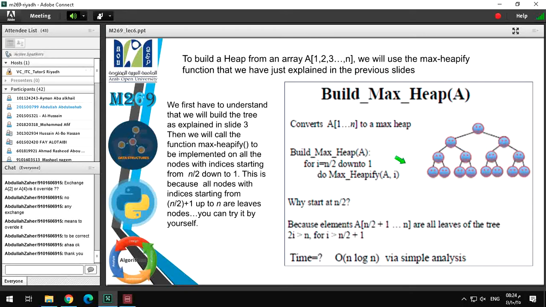They are leaves. Now we are starting from i equal n divided by 2, back to 1. Any item from n divided by 2 plus 1 onward is a leaf.